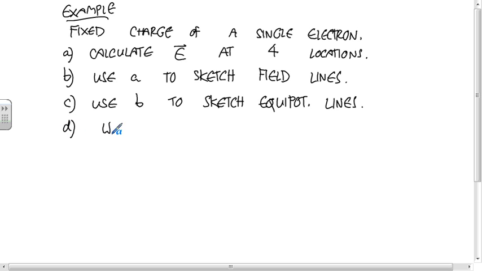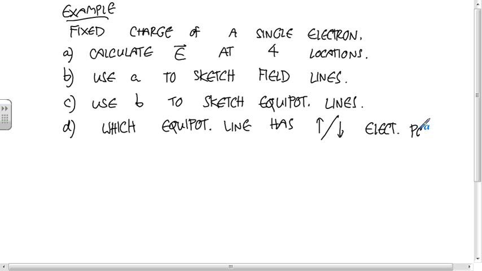And which equipotential line has greater and smaller electric potential. Okay, so see if you can work through that.